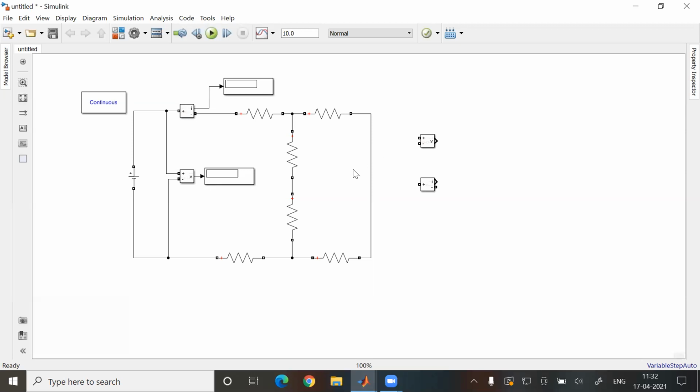Tell me the equations. I1 is equal to, yes, I1 equals y11 V1 plus y12 V2.